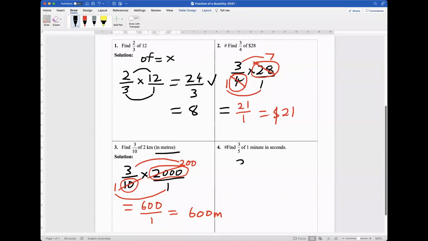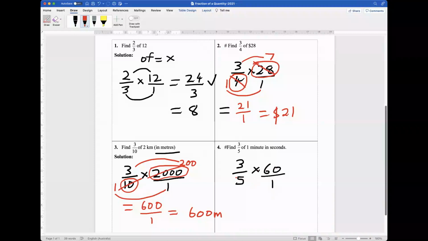Okay, so we're going to write down 3/5. We're going to change the of into multiply, and 1 minute is 60 seconds. So we're going to put 60 there, and a whole number is over 1. Now we could simplify again here. We've got 5 and 60. What goes into 5 and 60?